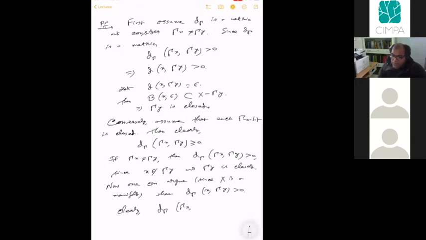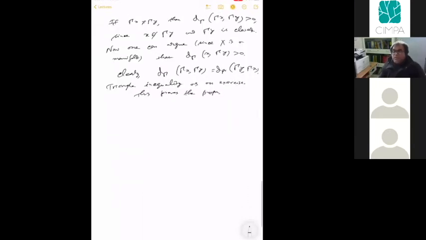I leave the triangle inequality as an exercise. So this proves the proposition.